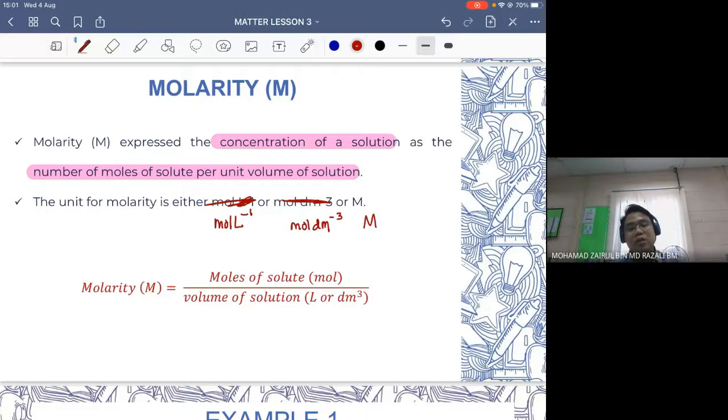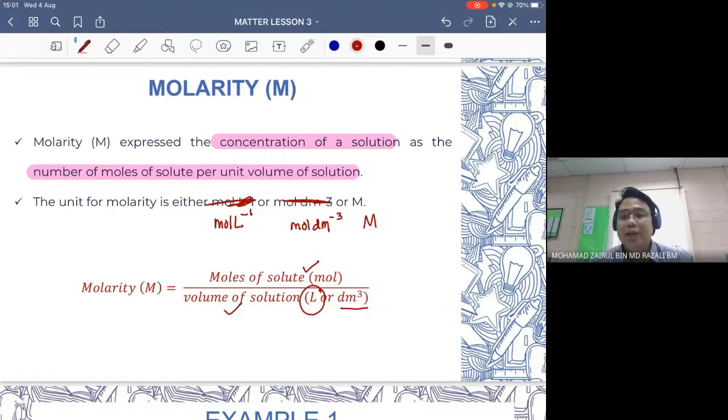So molarity is mole of solute over volume of solution. This is the formula. And the volume must always be in liter or decimeter cube.